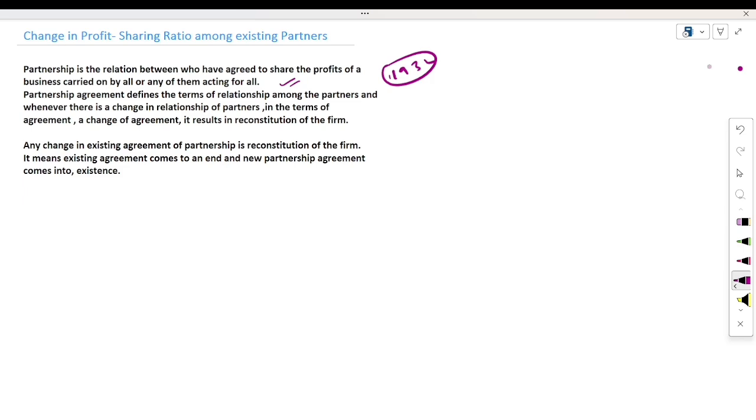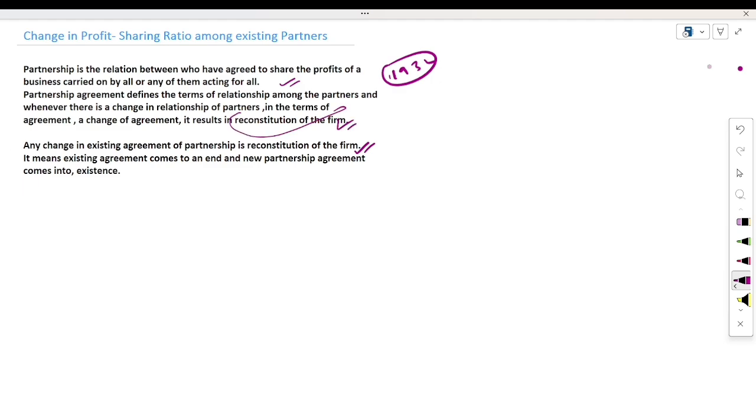As we know, the partnership business comes into existence with an agreement, which is known as the partnership deed. In this chapter, this partnership agreement will be changed. From this chapter, we will understand the reconstitution of the partnership firm.